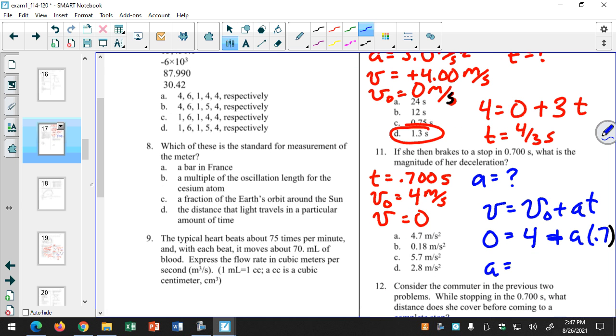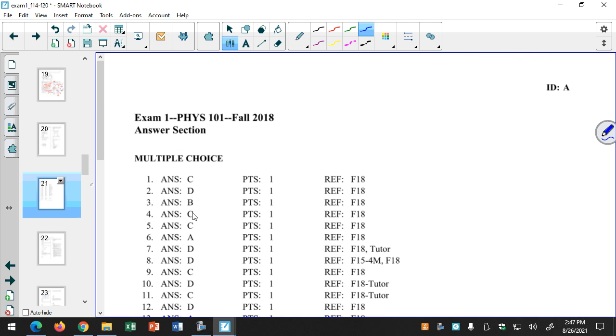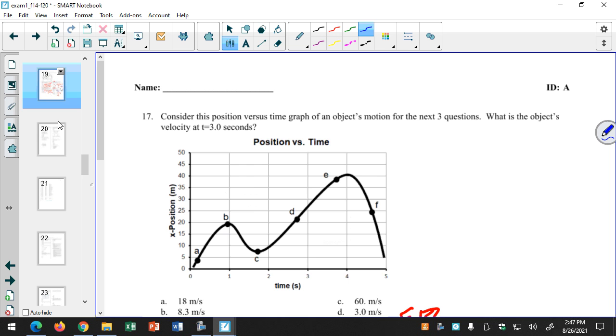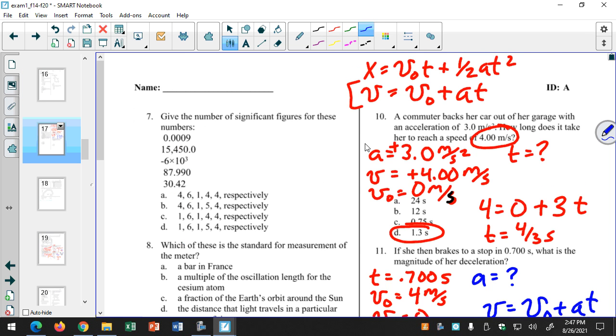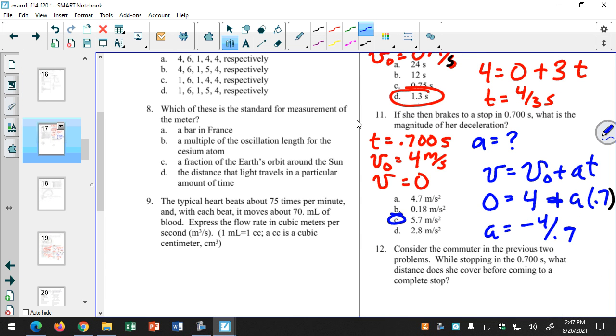So A is equal to -4 divided by 0.7. So that should be 5.7, I think. Number 11, let's go check it. Number 11 should be C. Yeah. Okay. So that's equal to -5.7 meters per second squared.